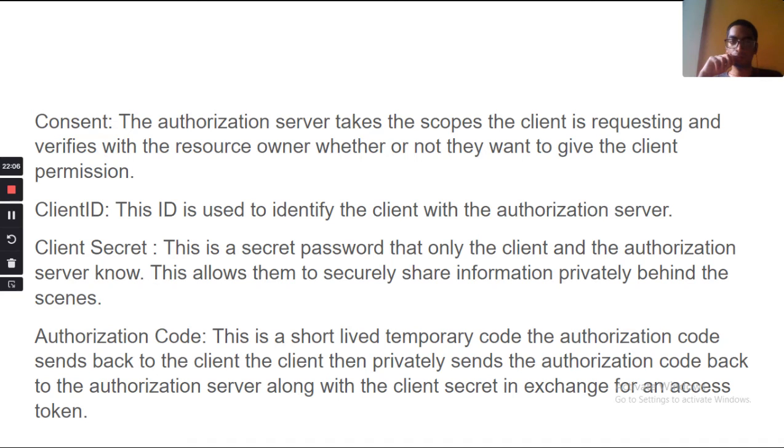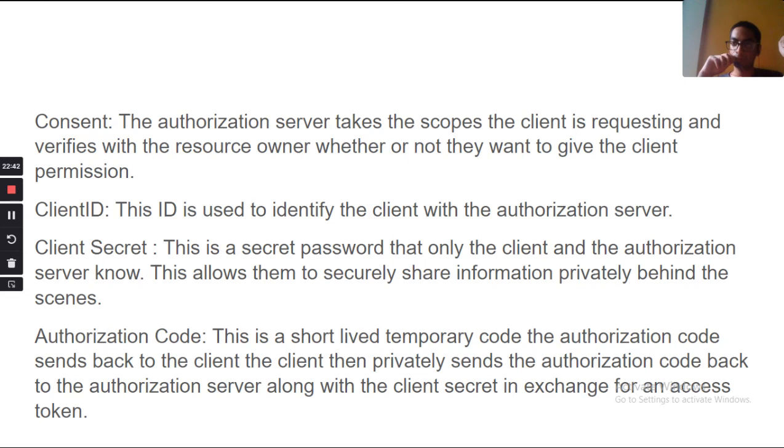Once the authorization server receives this request, it will come to you, the resource owner, and ask whether or not you want to give the client permission to access these scopes.